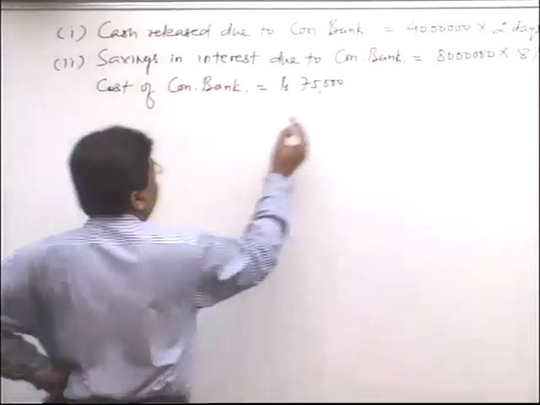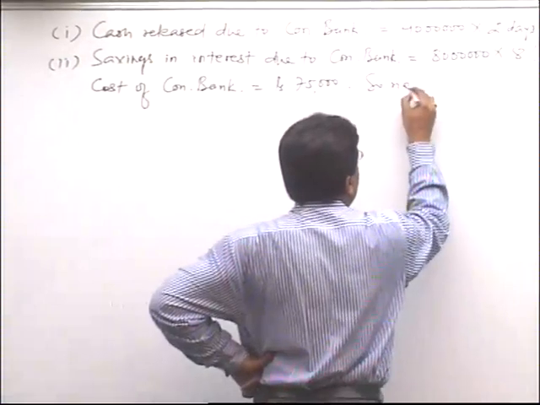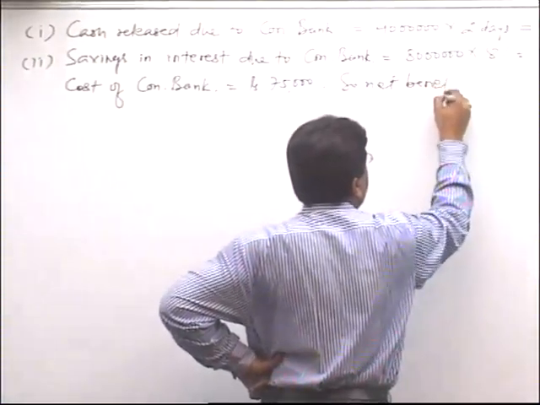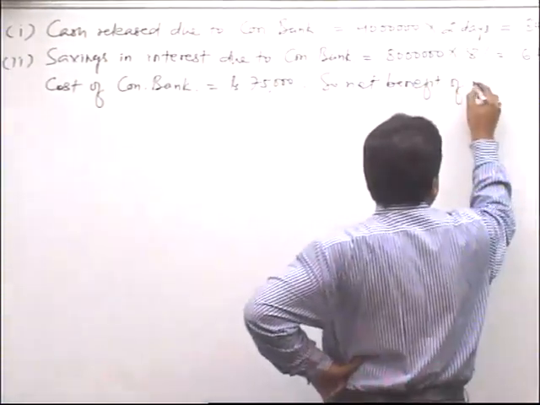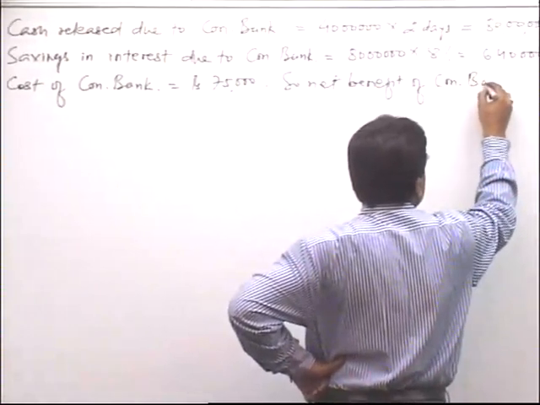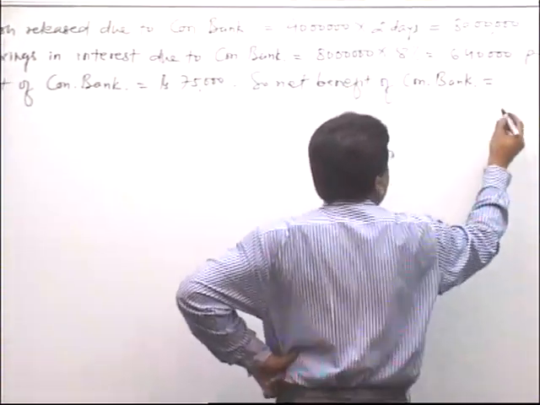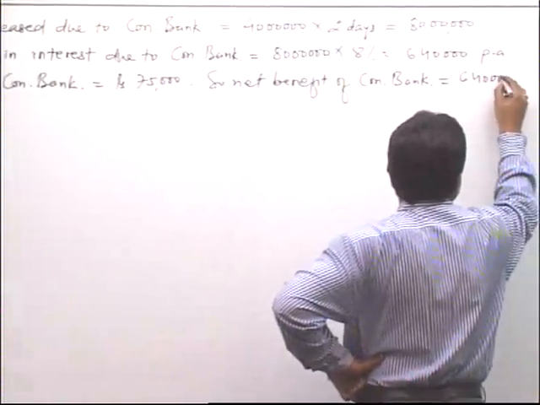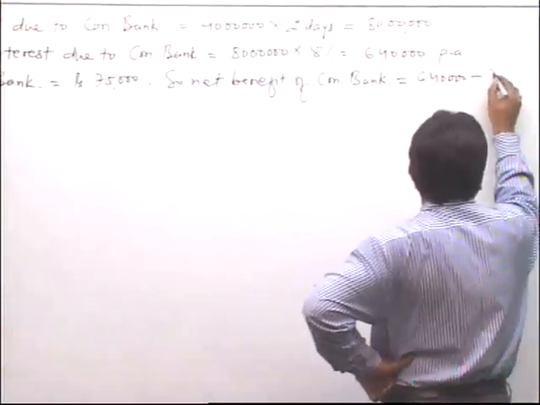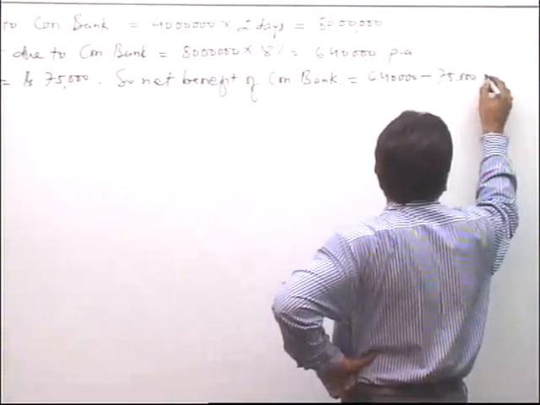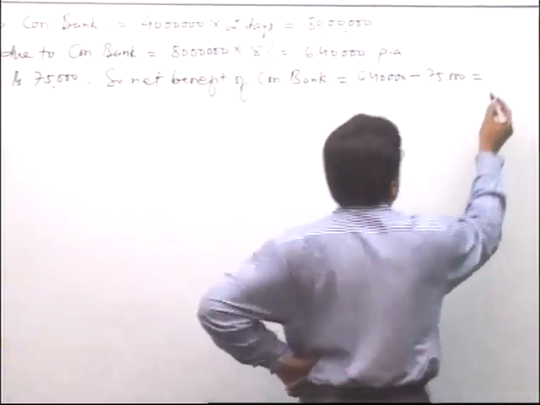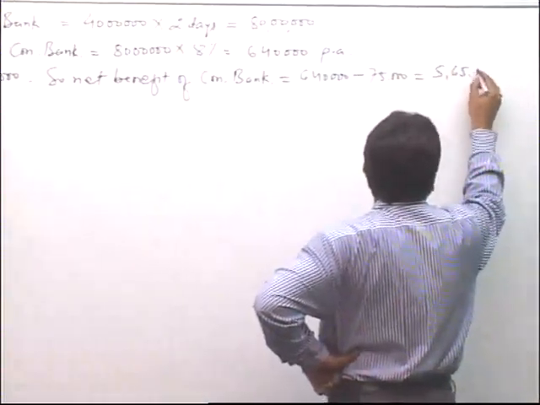So net benefit of concentration banking is equal to 6,40,000 minus 75,000, which is 5,65,000.